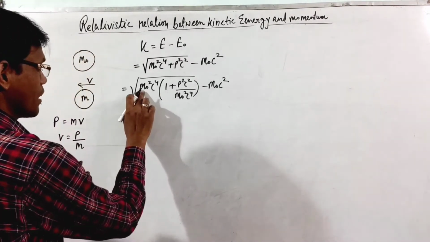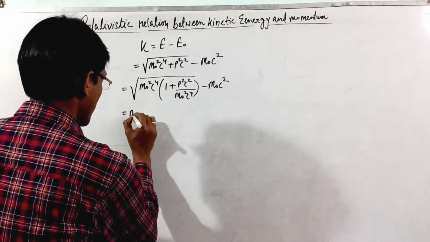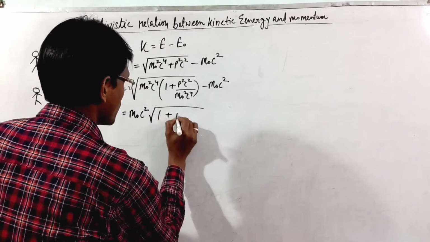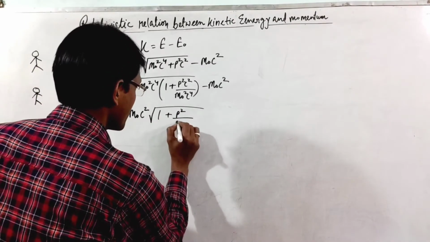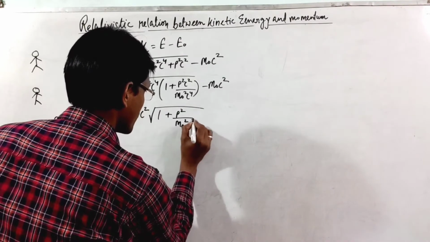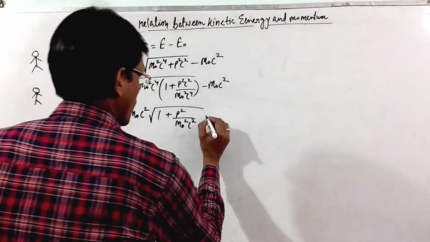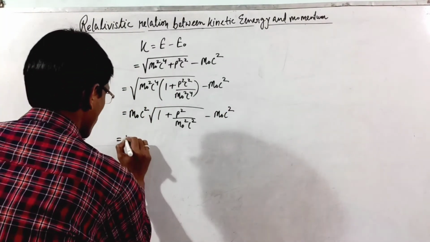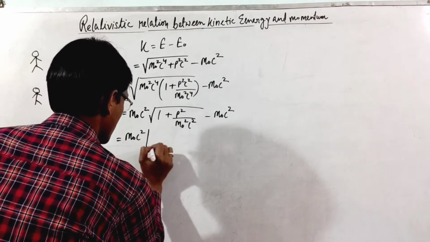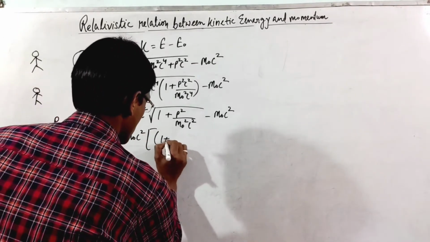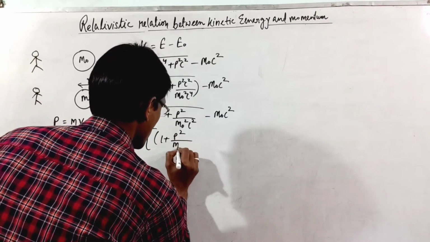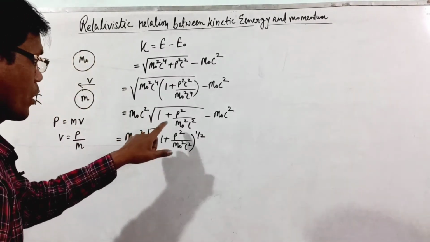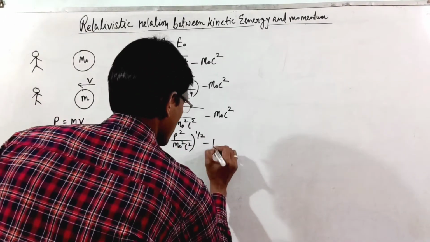If we take m0 square c to the power 4 outside the square root, then it will be m0 c square into 1 plus p square divided by m0 square c square, if we cancel c square, minus m0 c square. Now we take common m0 c square, then 1 plus p square divided by m0 square c square to the power half, in the place of the square root sign, minus 1.